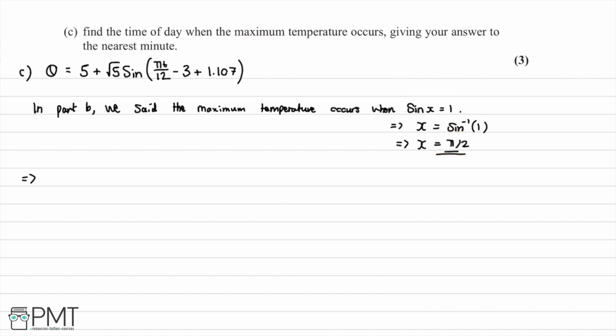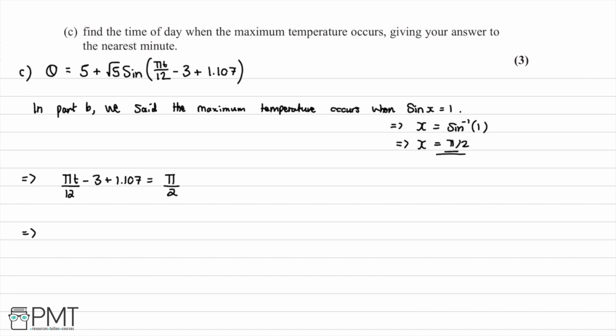So therefore, from this, we can take what's in our bracket here and set it equal to pi over 2. So we have that pi t over 12 minus 3 plus 1.107 is going to be equal to pi over 2. So now what we need to do is tidy this up and rearrange to find t.